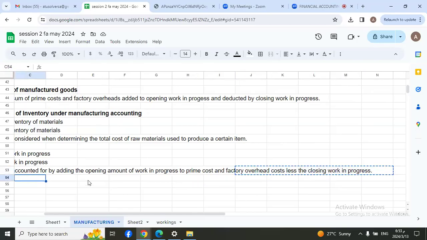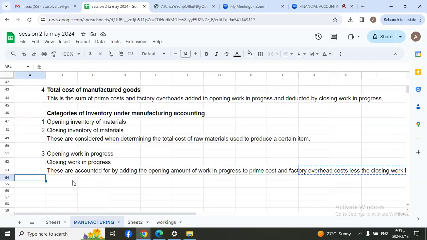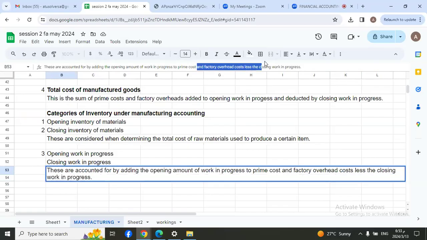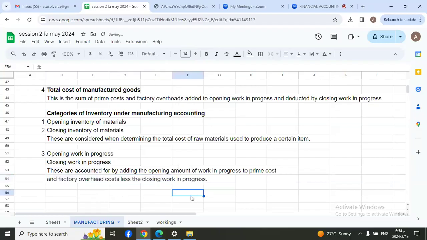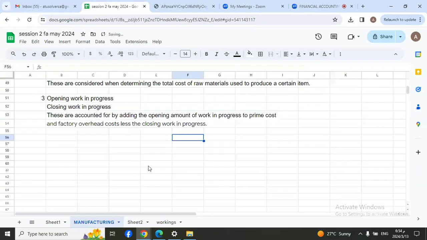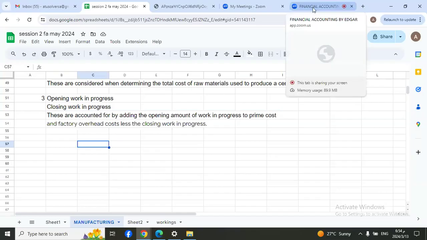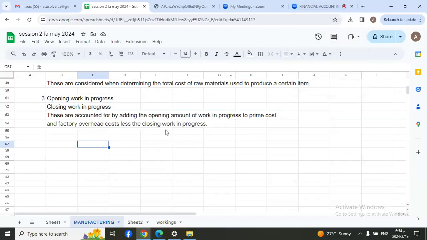Okay. So that is all about the manufacturing account.